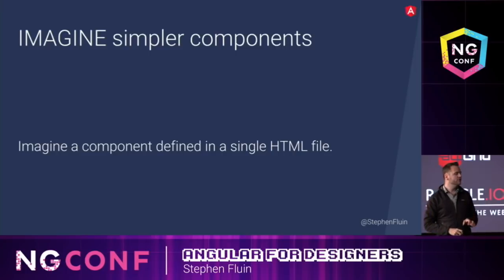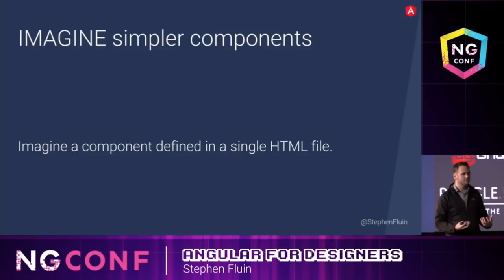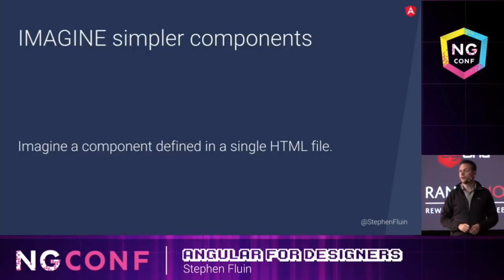If they could have all of these things in a single file, that's actually a preference, right? From a development standpoint, it's technically the same, whether you have 3 files or 1. But even just having this slight, subtle change of being able to specify all 3 of these pieces in a single file would actually make a huge difference, not only to the perception, but also to the productivity of designers.